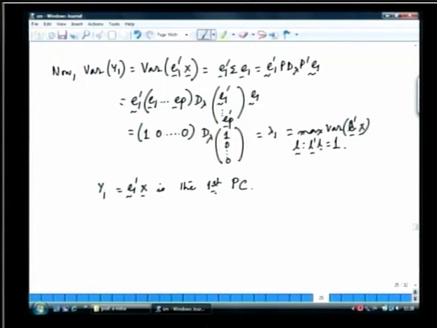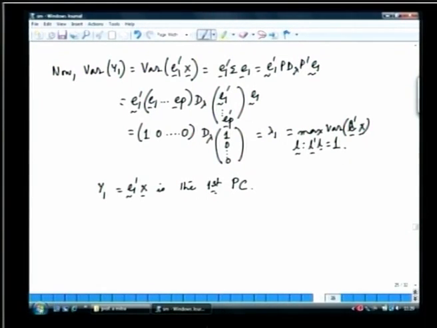Its variance is lambda 1, which is greater than all other eigenvalues, and it is equal to the maximum of variance L prime x over the choice of L with only the condition L prime L equal to 1. I have achieved the single criterion that was required for my first principal component, and y1 is E1 prime x, the first principal component.